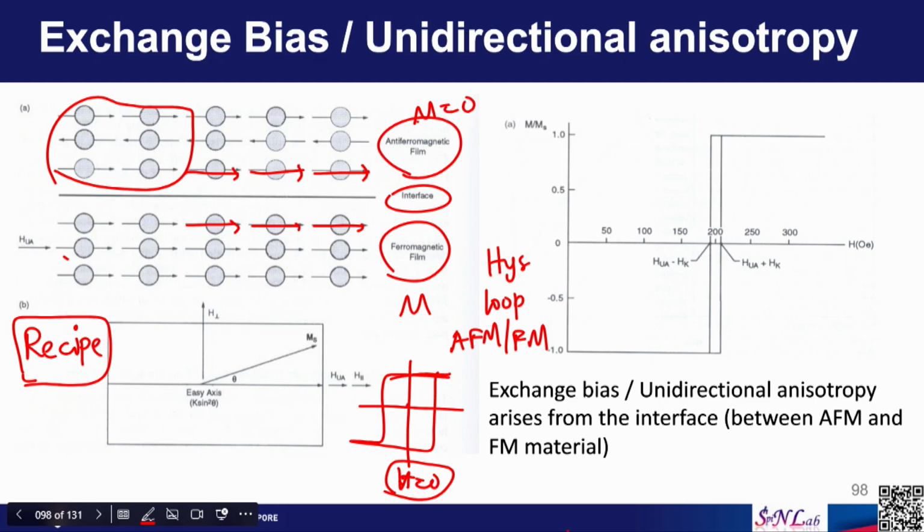This is the center of the hysteresis loop, and this is the H equal to 0 axis. This is negative H, this is positive H, 0 is here. So you see that the center of the hysteresis loop has shifted by a certain field.